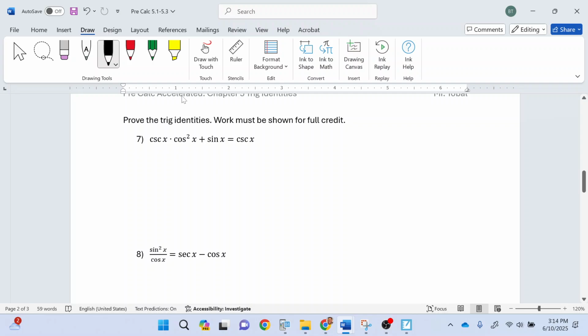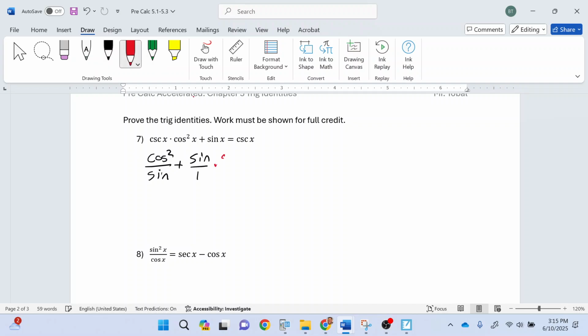All right, proving trig identities. To prove a trig identity, you've got to look at it and figure out the work. Usually, it's easier to make bigger things into smaller things, so I'm going to try to make this into that. On the right side, I see cosecant, I see cosine squared, and I see plus sine. So I'm going to do cosine squared over cosecant, which is sine when you bring it to the bottom, plus sine over 1.